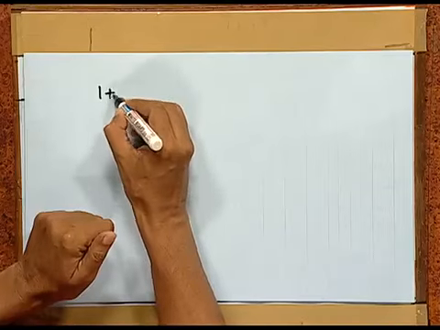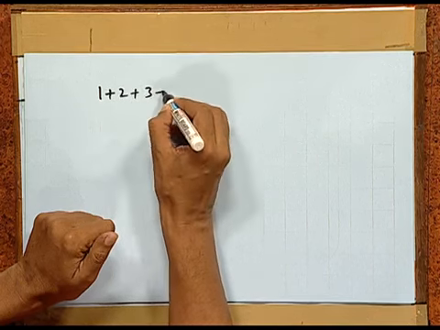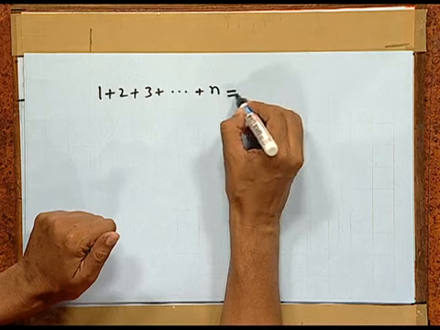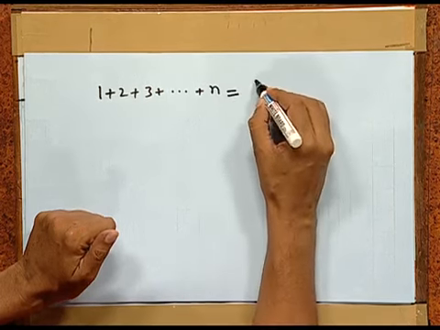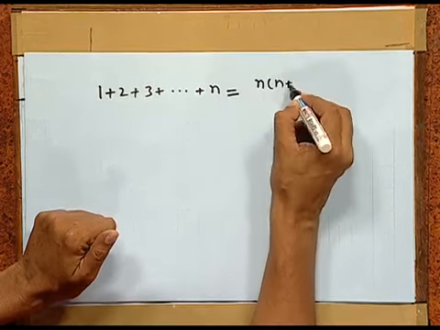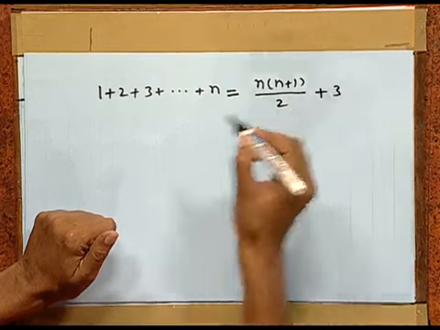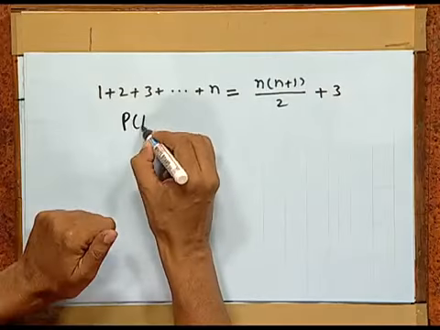Suppose you have to prove 1 + 2 + 3 and so on up to n equal to n(n+1)/2 + 3. You assume it for k. So, let P(k) be true.